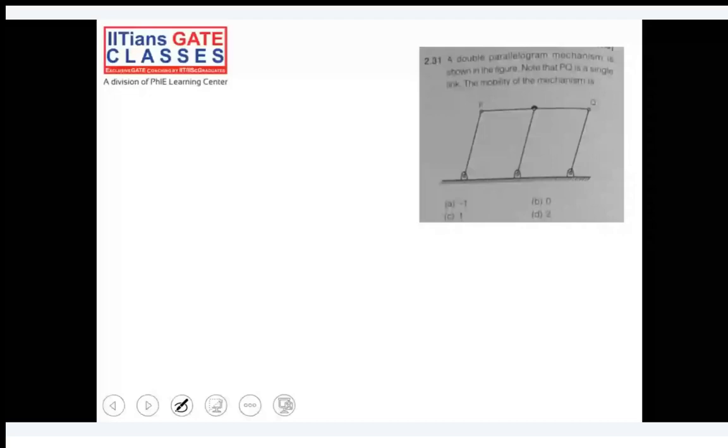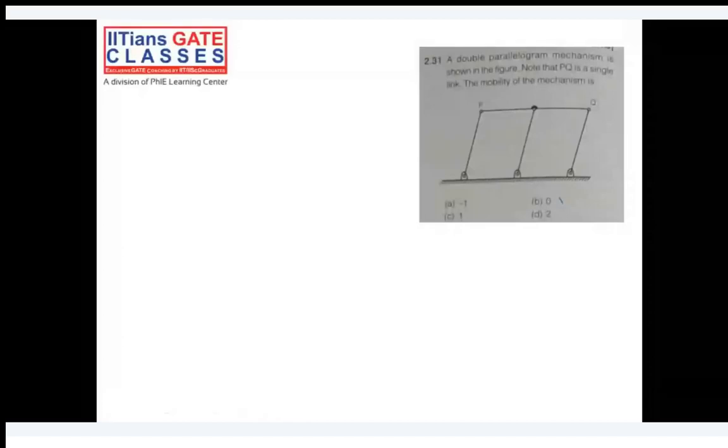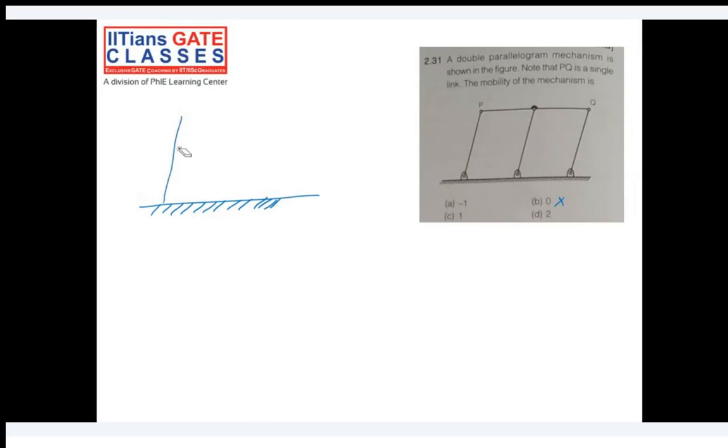0 degrees of freedom. Okay, think of this case also. I will give you one more figure. Think practically, okay? Just don't look into the formulas.